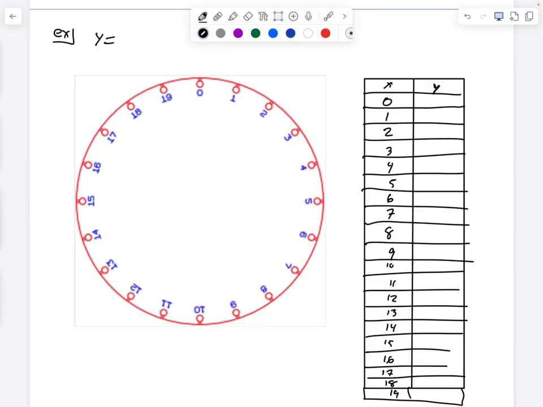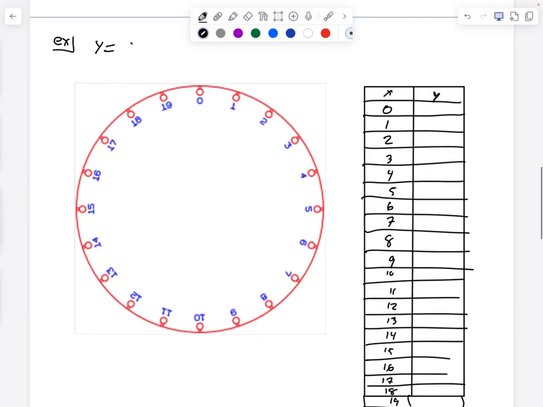We start at 1. Okay, and we're going by 9s. Good. So 10. We're going by 9s. 19. Next one, 28, which becomes 8, because it's mod 20.